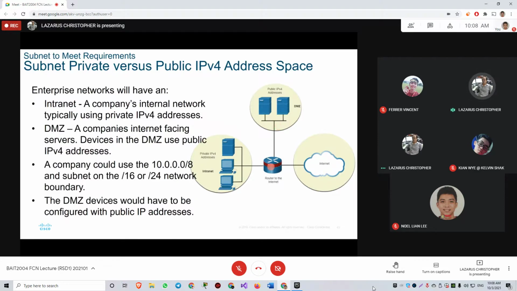So this is a typical configuration where you create another network here called DMZ. DMZ is a phrase that is taken from the military. It stands for demilitarized zone.